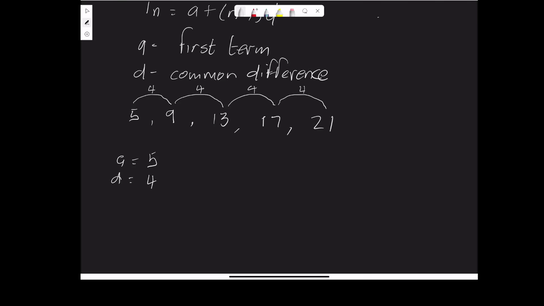Now we can actually write the general term of this particular sequence. We can say Tn is equal to A. Remember, our A value is 5, plus n minus 1 multiplied by D. Please allow me not to go back into how to derive how we got to this (n minus 1) times D. Just at the moment, just appreciate this is how we're going to look at sequences.